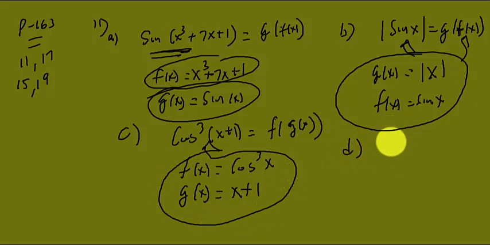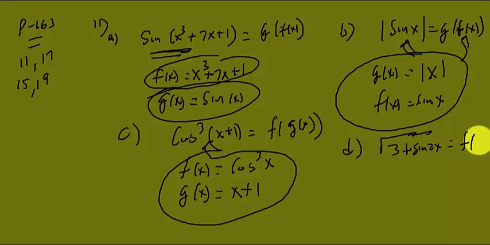D. Okay, I have a square root of 3 plus sine of 2x, not 2. So square root of 3 plus sine of 2x.